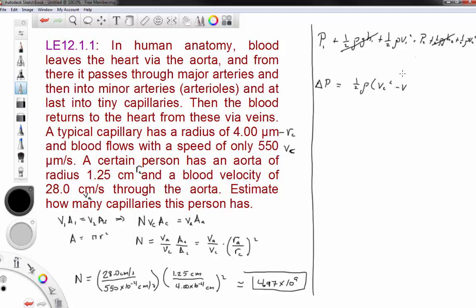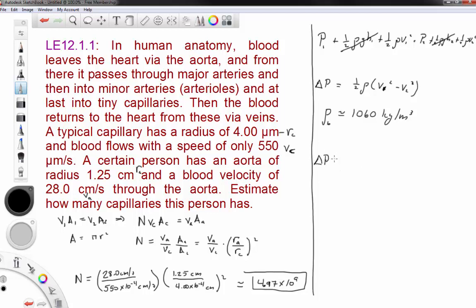So that would be P2 minus P1 should be 1/2 of v1 squared minus v2 squared times the density. Blood has a typical density of about maybe 1,060 kilograms per cubic meter. So rho for blood, we'll say 1,060 kilograms per cubic meter. A little higher than water, basically.